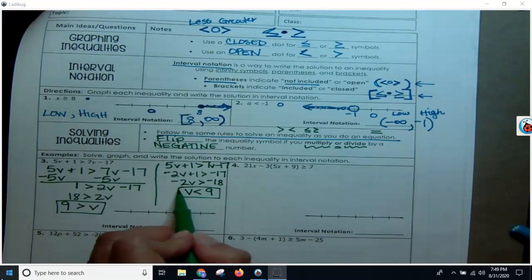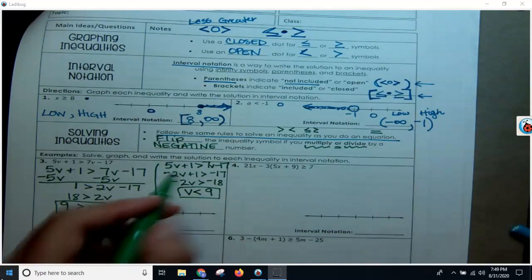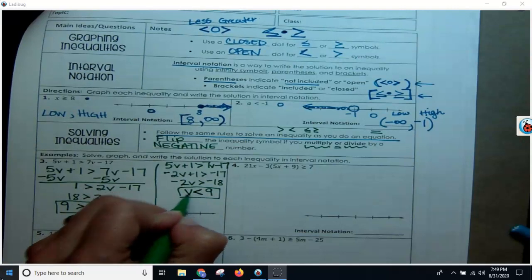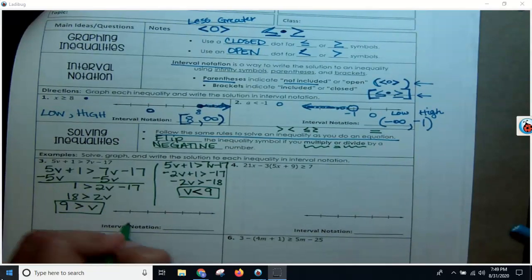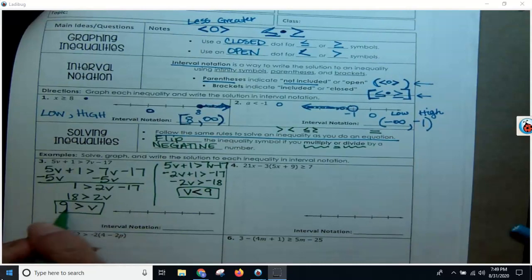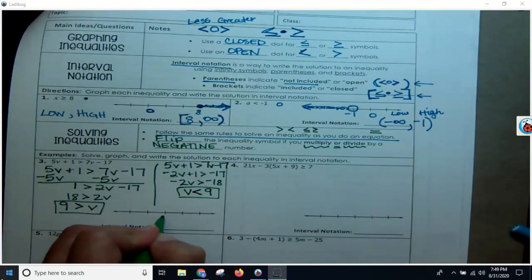And notice that 9 is greater than v is the same as v is less than 9. Those are the same thing. The small arrow is pointing towards the v. The large part is at the 9. The small part is over at the v. So just make sure that when you flip them, you're getting the same thing.